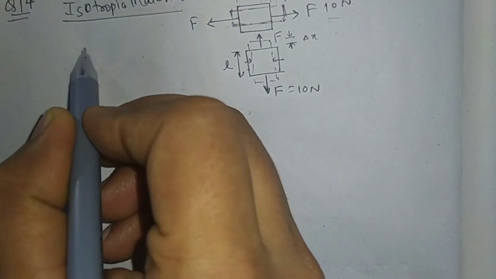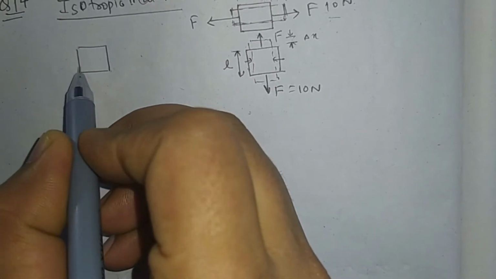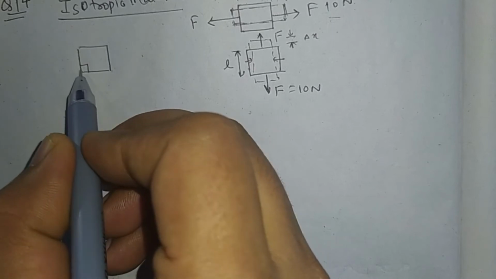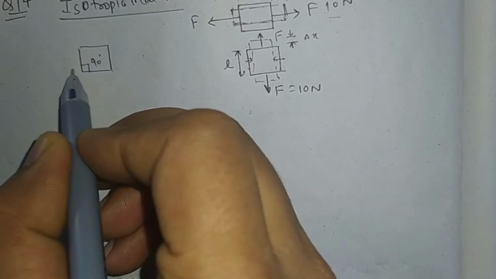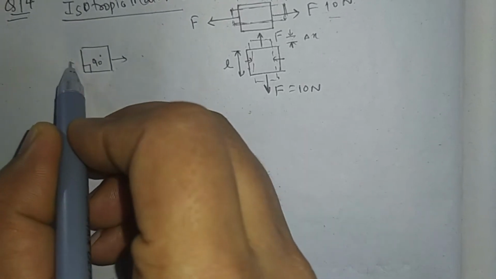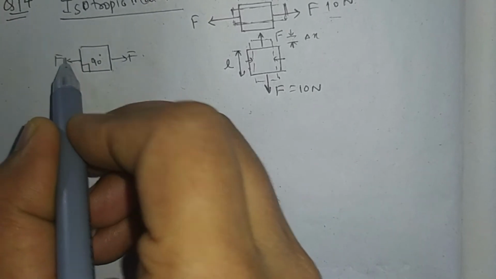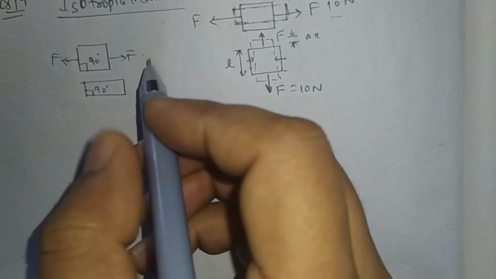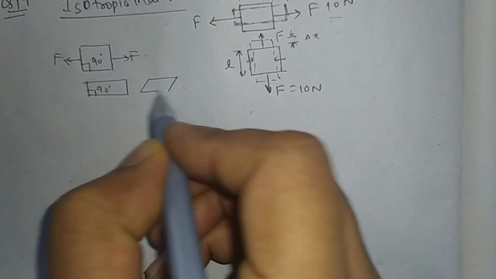One more thing, in the isotropic material, the included angle, for example, if this is a square or rectangle, the angle between the sides is 90 degrees, and after applying the force, it remains 90 degrees. There will be no shear strain like this.